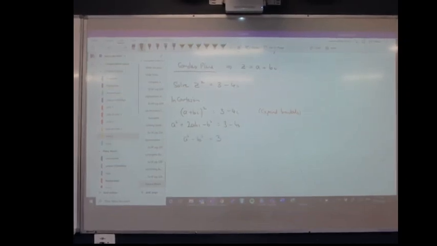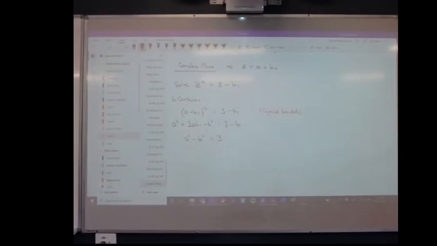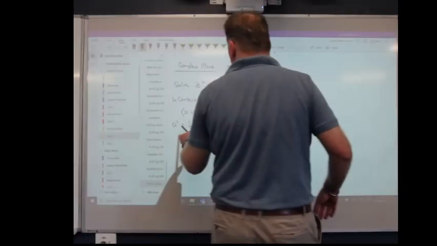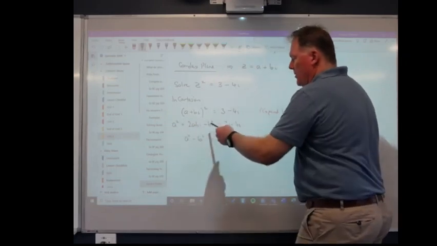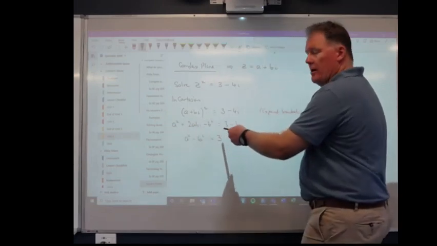Good. So if we think about our real and imaginary parts of a complex number, they never mix. You can't combine them together and make it into a single term. They'll always be separate. So therefore, if we've got a squared minus b squared as real terms on the left-hand side, then those two combined must equal 3 because there's an equal sign here.